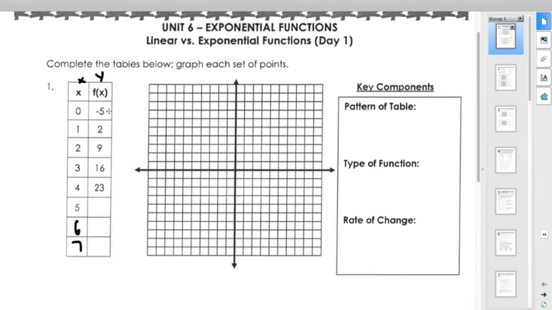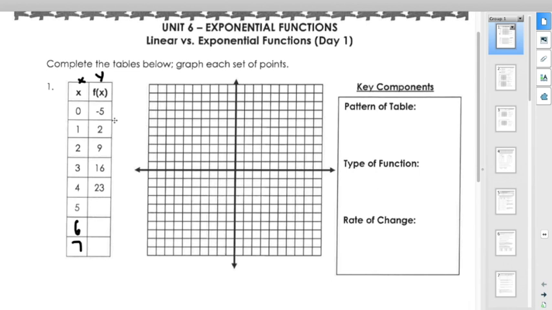Let's see if we can find some kind of pattern. We're going to go from -5 to 7. Well, how much did we increase by? I think we're going to go up by 7 here. And now from 2 to 9, we're also going up by 7. 9 to 16, up by 7. 16 to 23, up by 7.